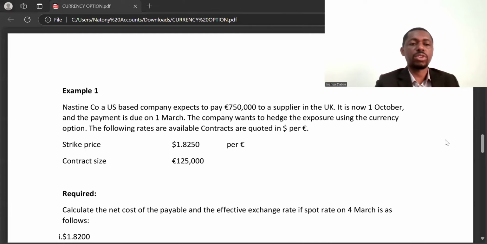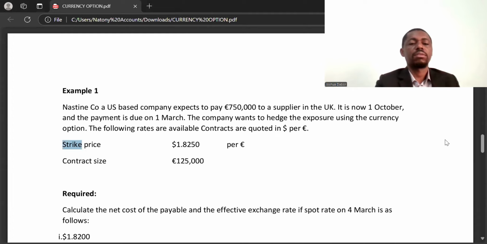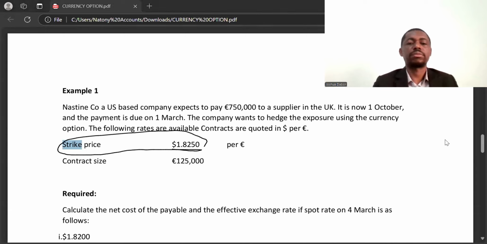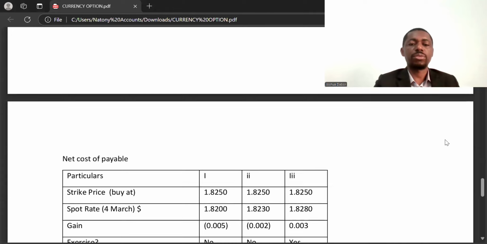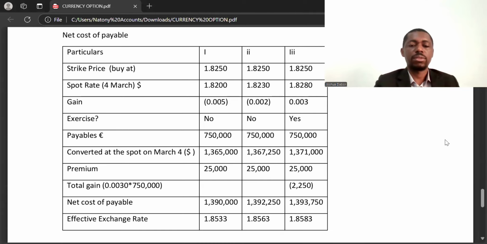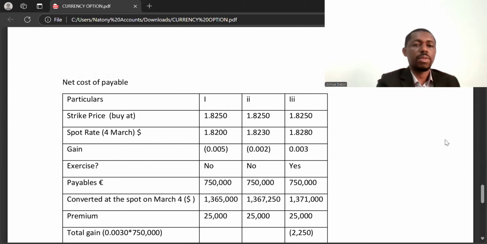Your gain or loss must always be in this currency, the currency of the strike price, because you are buying the euro using this currency. Okay, so this is the table for the solution. I've explained most of what is in this table.